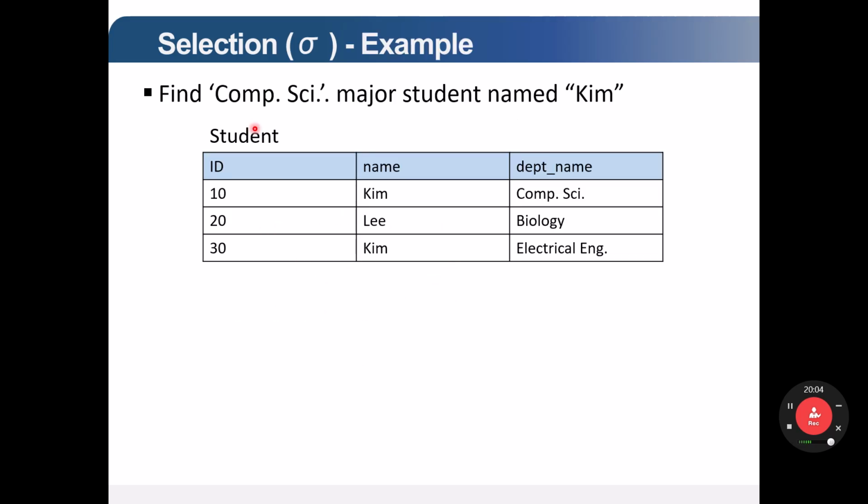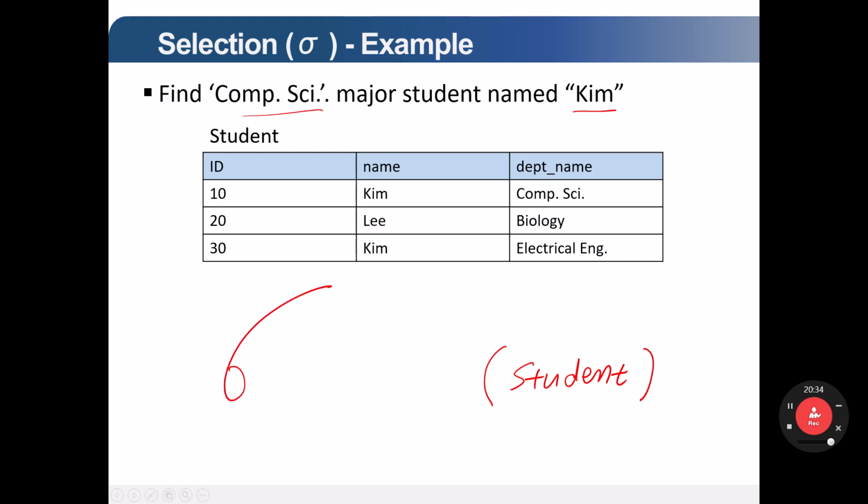So let's look at another example of selection operator. Suppose you want to submit a query to find computer science major student named Kim. How can you write this query in relational algebra? We have student table. This is the only table we need. And here we have filter condition, name and major.